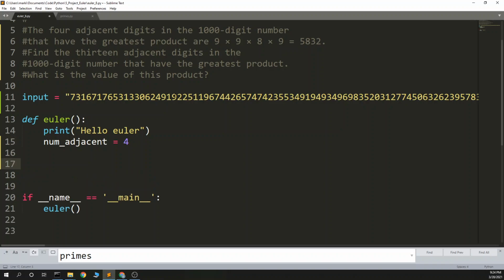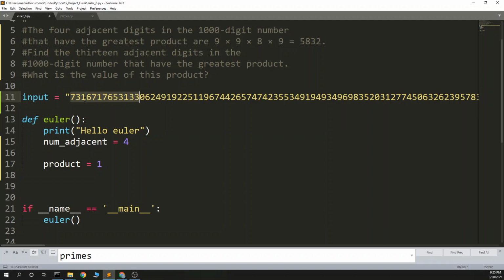So product equals 1. We'll start with 1. Okay, my first thought is to step through number by number, or start with the first n numbers. So this would be 1, 2, 3, 4, 5, 6, 7, 8, 9, 10, 11, 12, 13.